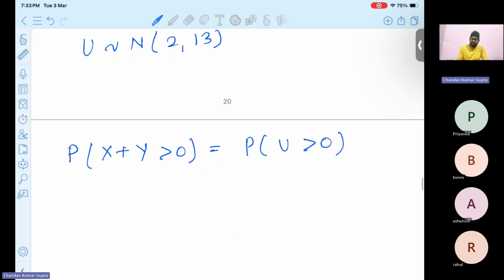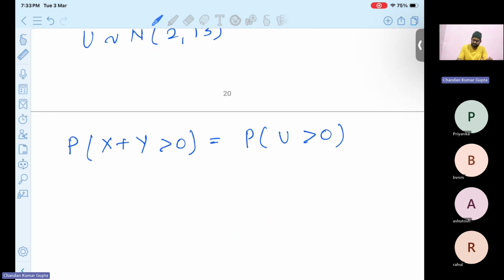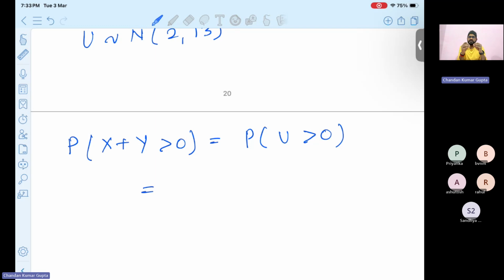Since we know from the previous class, when we were discussing the normal distribution, that we are not able to directly integrate the normal PDF, we first standardize the normal variate to a standard normal variate, and then with the help of the normal table, we calculate the probability.